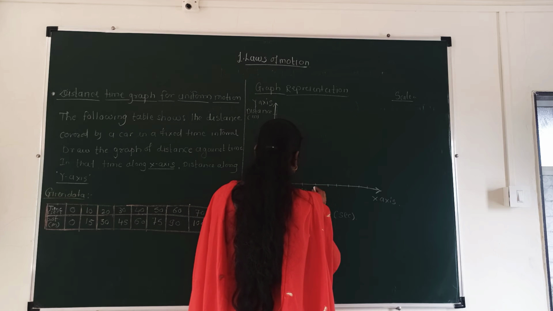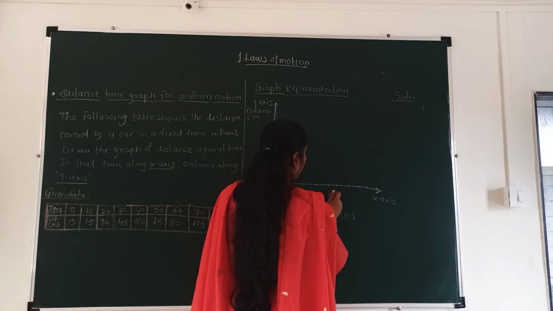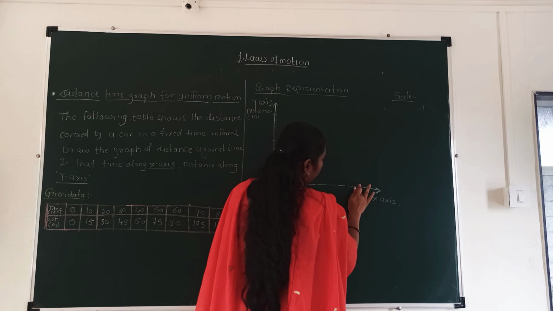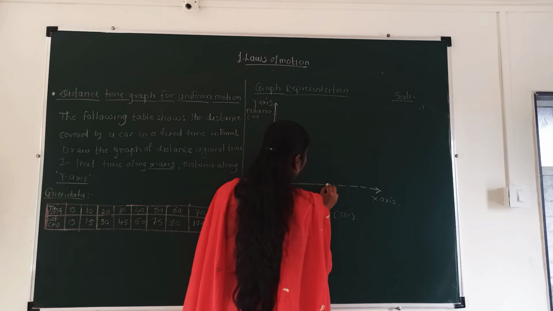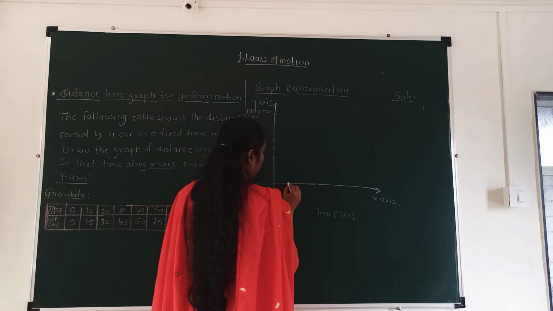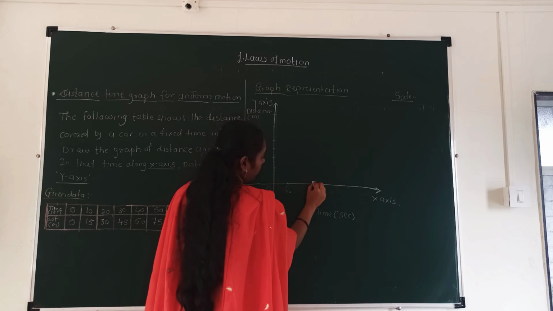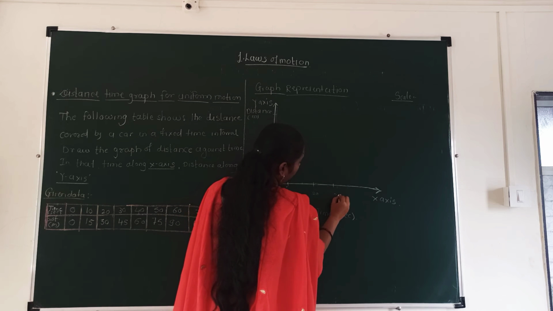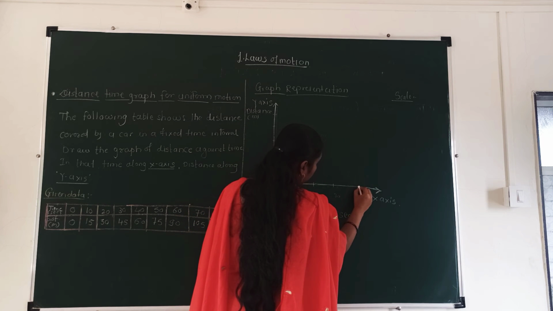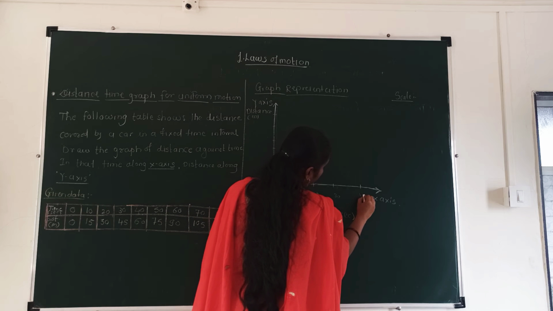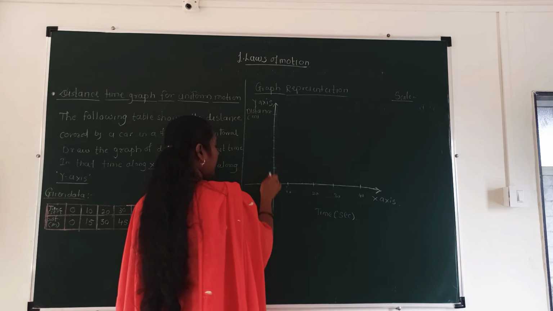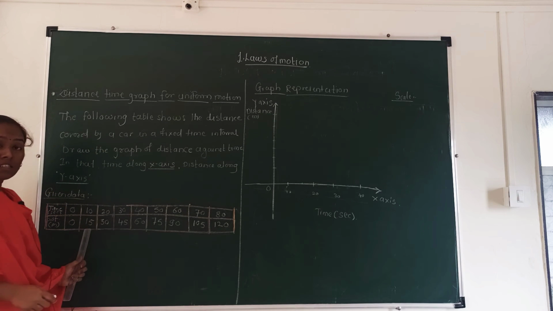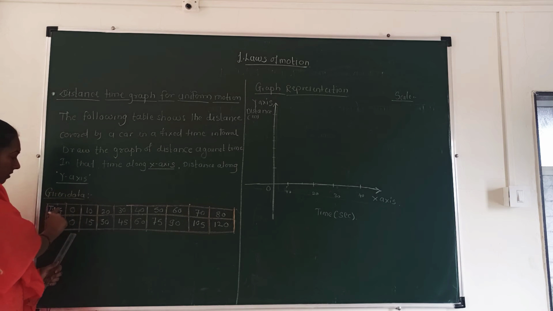Again I write here, see, here is 10, 1 centimeter; on the next 1 centimeter 20; on the next 1 centimeter 30, again next 1 centimeter 40. Like this, here is also, see, now the time is 10 seconds.